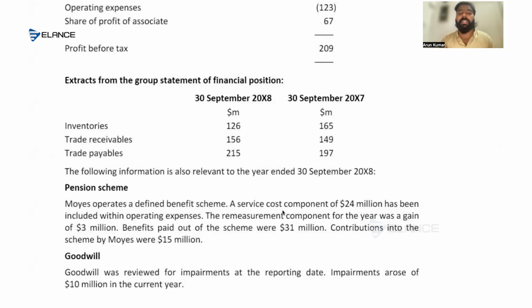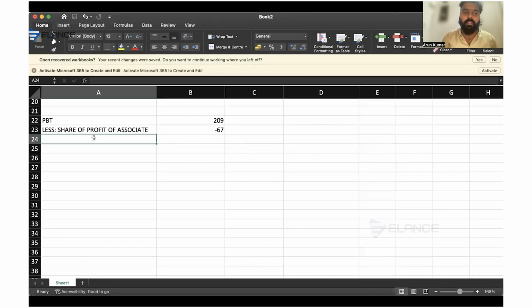Can we include service cost in the PBT? Is it a cash flow item? No, it's a non-cash expense, right? So we have to add back the service cost. While preparing the cash flow, we need to add back the service cost. I will add back how much?